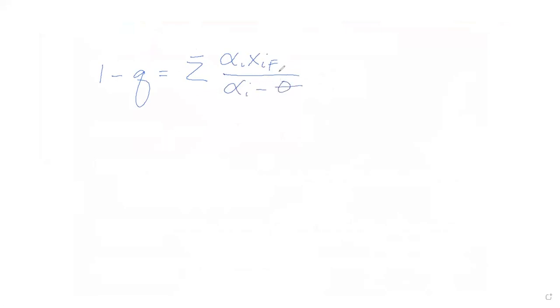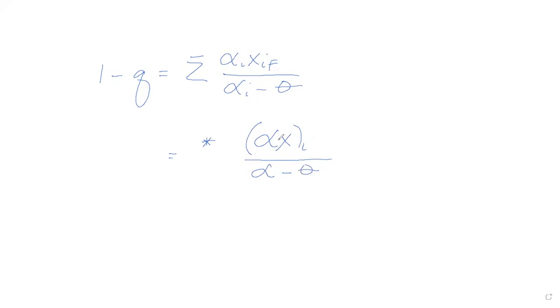Now, if I will specifically write that one, disregard this, class. If I will have this for a two-component mixture, then I will have alpha x, with a subscript here of low boiling point component, over alpha minus theta.